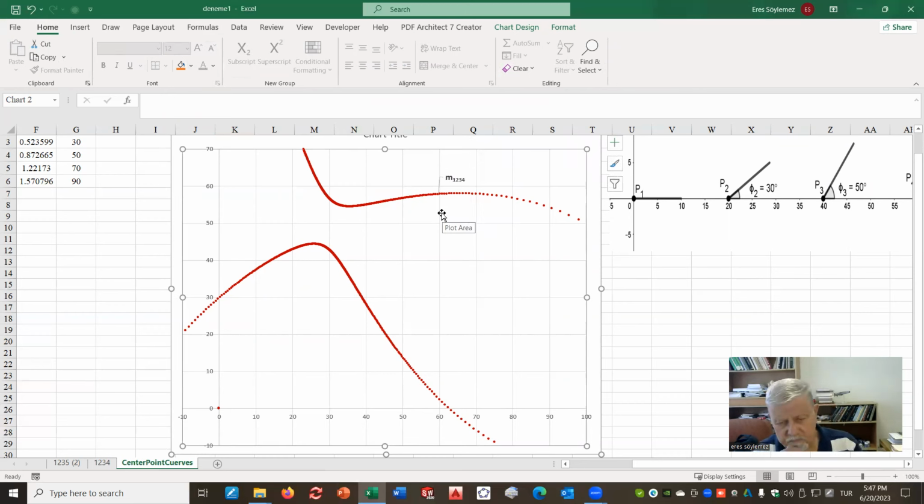Okay. Next, I will select data, this time 1, 2, 3, 5. Add. Center point, Control Shift Enter.